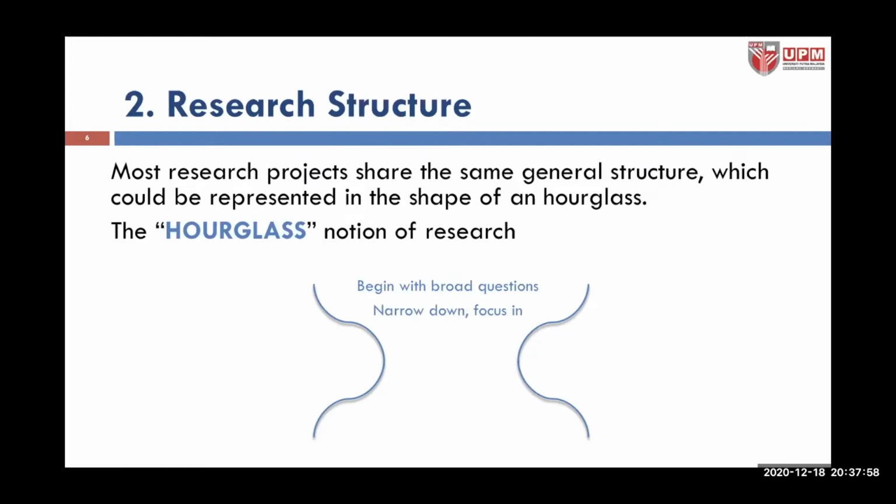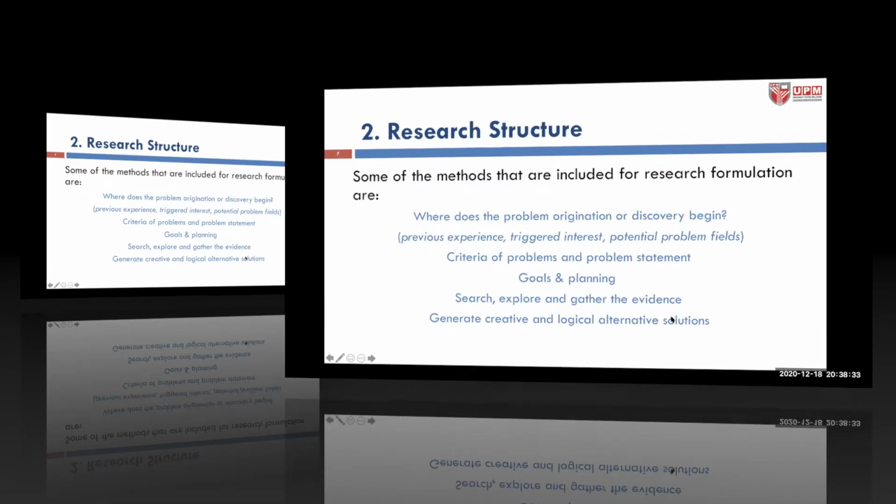You then narrow down and focus in, like you are doing in your K chart. Okay, you operationalize it, you implement the items, you observe the results, and then you analyze your data, you come to research conclusions, and you generalize back to questions. So the cycle continues from the beginning until the end. It's like an hourglass notion of research.